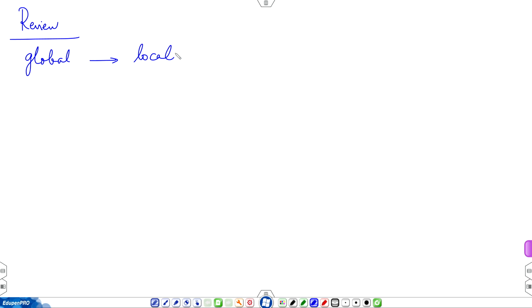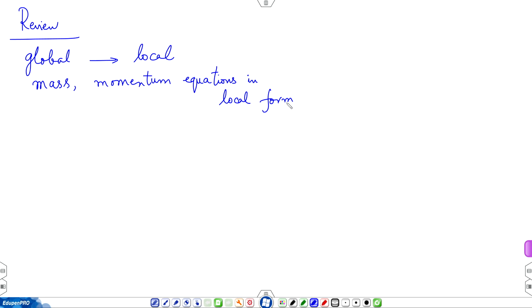So, we wrote the mass and momentum equations in local form.